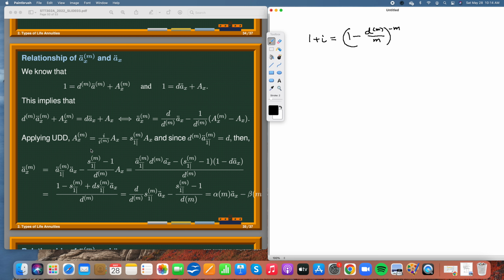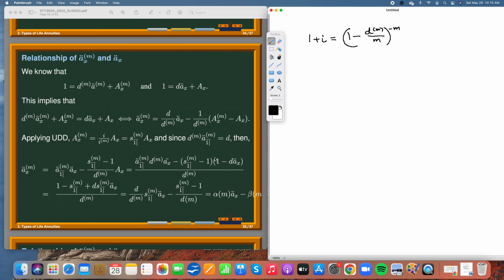Applying UDD, we obtain the following from discussions before, and this is defined as s angle 1 to the upper m. These are notations that were lifted from theory of interest. And this is true; it could be easily verified.